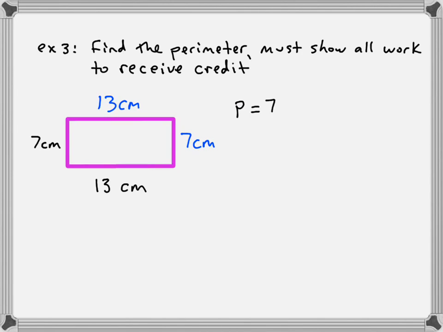We have 7 centimeters plus 13 centimeters plus another 7 centimeters plus another 13 centimeters. So 7 plus 13 is 20, plus another 7 and 13 is going to give us 40 centimeters for our perimeter. Let's look at another example.